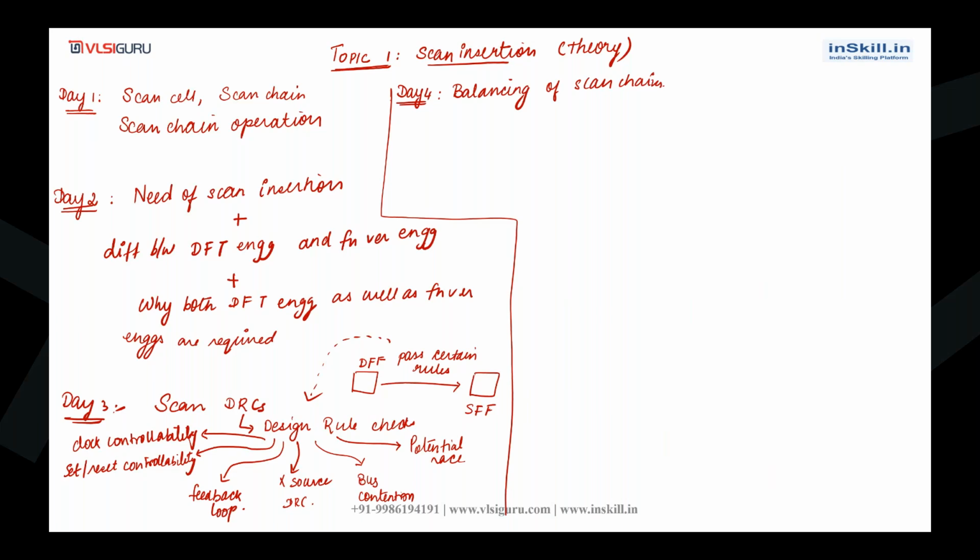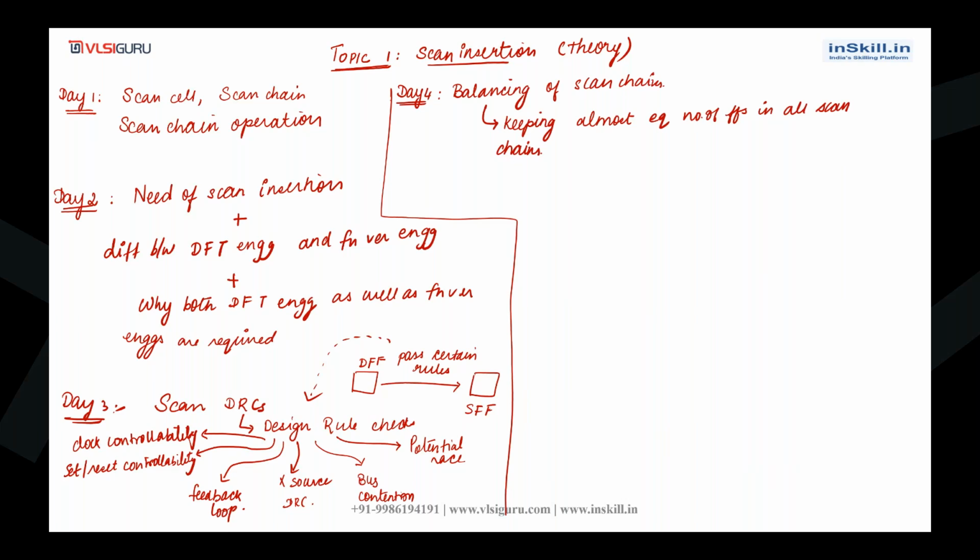Balancing means keeping almost equal number of flops in all the scan chains. That is what is called balancing.